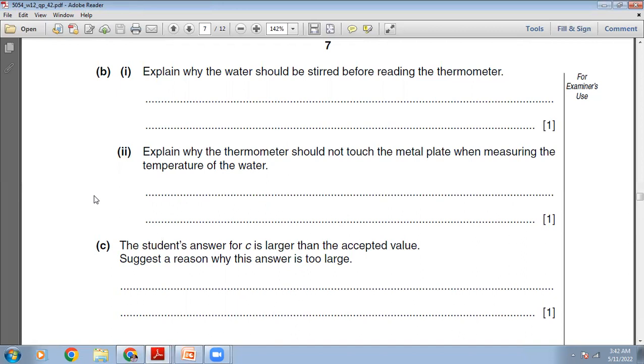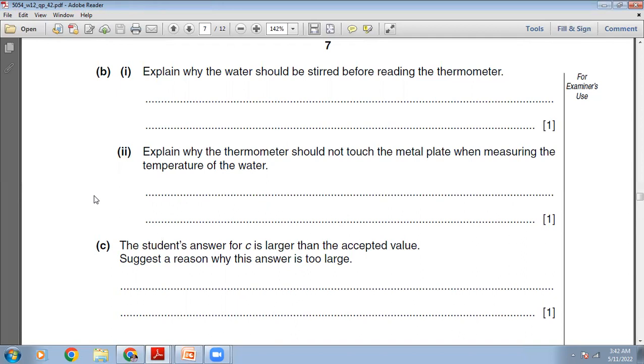Explain why the thermometer should not touch the metal plate when measuring the temperature of the water. If the bulb of the thermometer touches the hot metal plate, it will start recording the temperature of the hot metal instead of the temperature of the hot water.